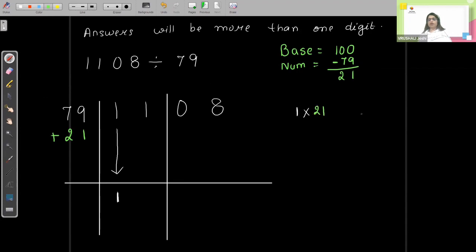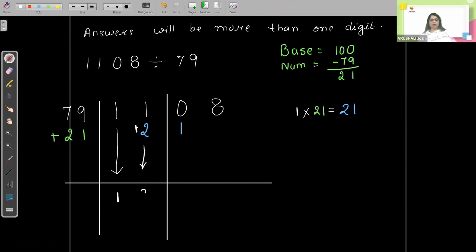Arjun, are you getting it? Are you writing or no? Okay. So you get a 21 here. This 21, I'll write with a different color so you understand. Okay. So this is a 21. So this 21, you can write it here like this. Correct? Everybody getting it? Now, 1 plus 2, you pull this down.